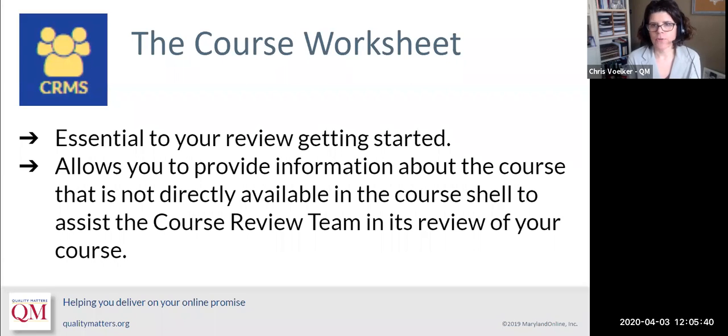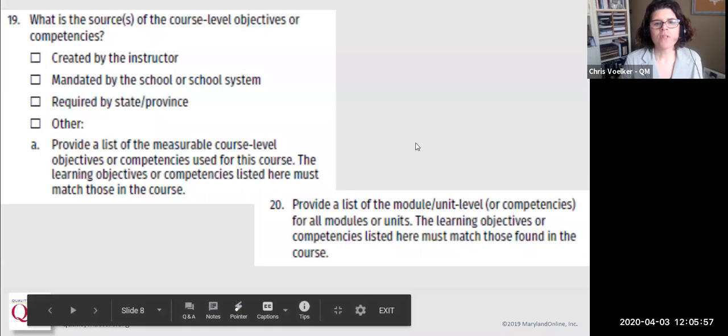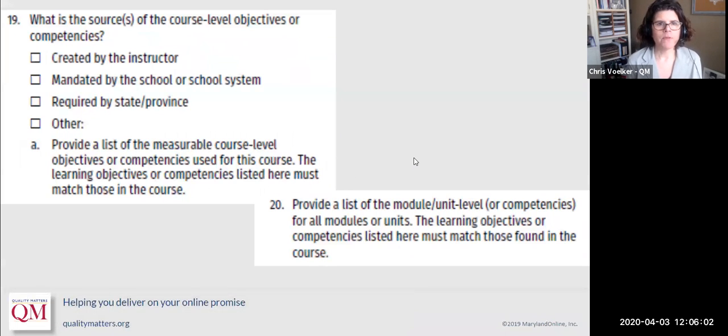If there are particular things that you want to drill down into a little bit more, you can put that on the sheet. If there are things that they may not know just by looking at the course, but you want them to know the context within it, you can put all of that on the course worksheet. The course worksheet is also going to ask you to submit some things so that the reviewers can do their job.